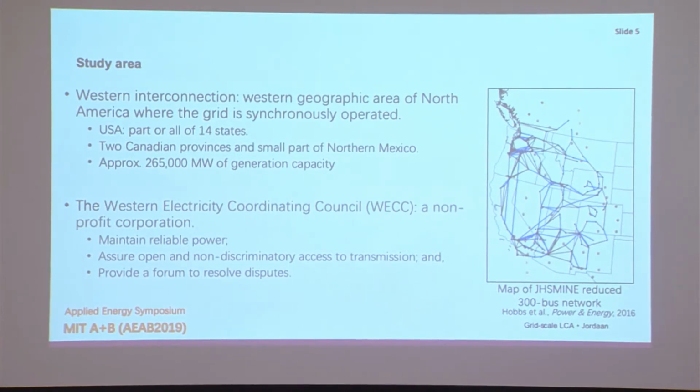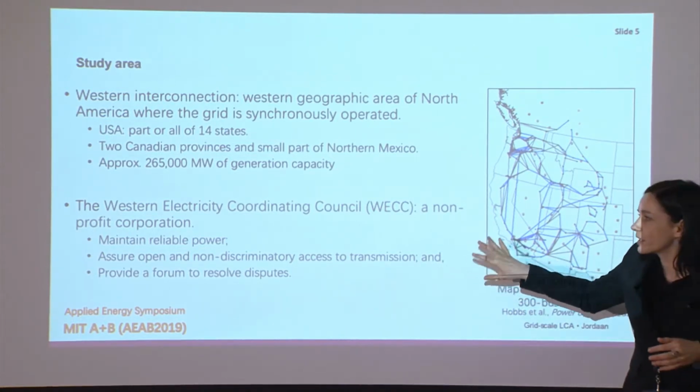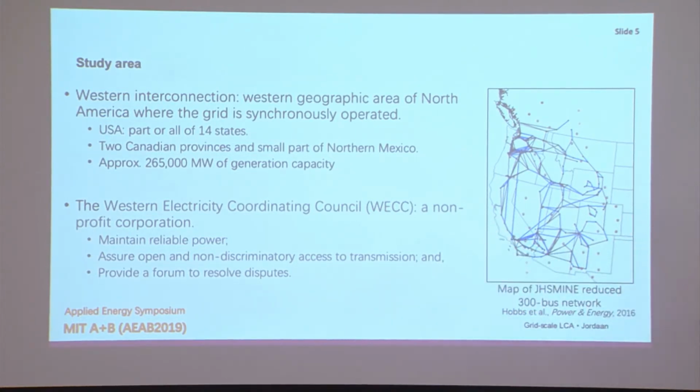So it's approximately 265 gigawatts of generation capacity. And it's governed by the Western Electricity Coordinating Council, and their purpose is to maintain reliable power, assure open and non-discriminatory access to transmission, and also provide a forum to resolve disputes.